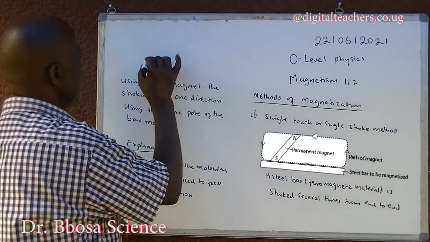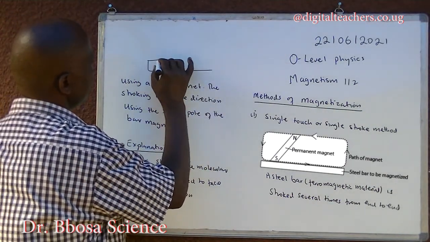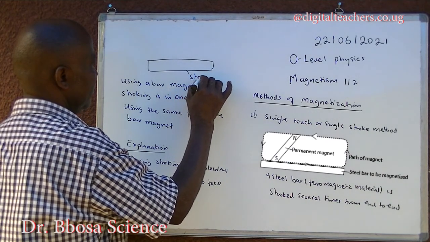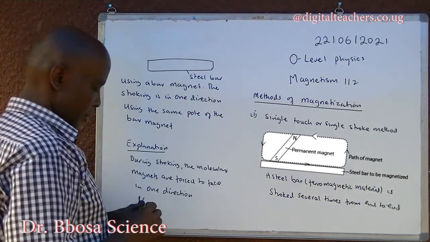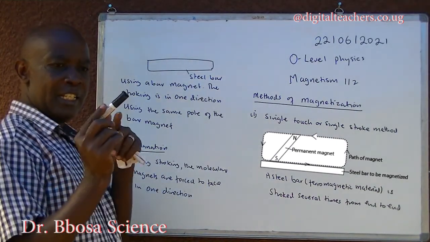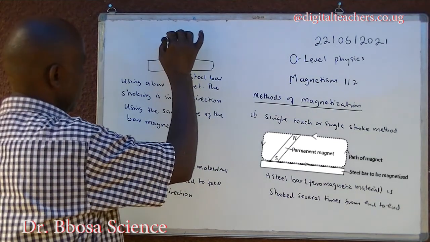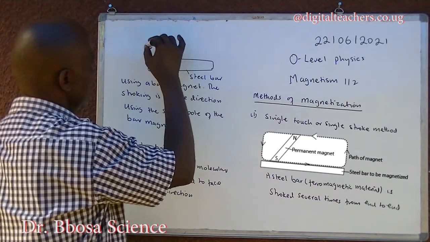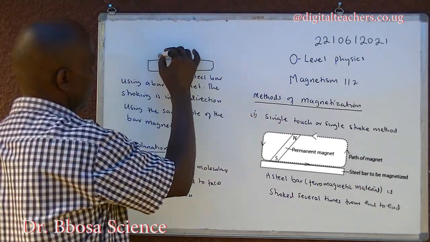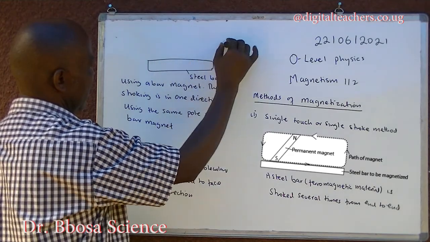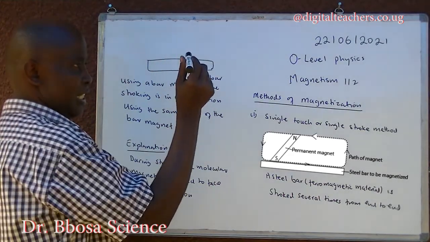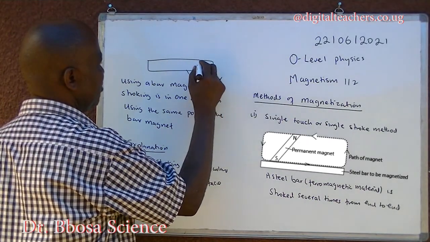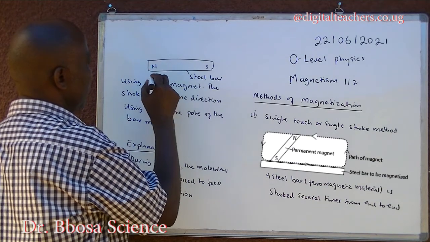We are saying that if this is the steel bar and this is the magnet and this is the north pole, and we are passing the magnet over the steel bar in a single stroke, moving in this direction, this one becomes the south pole, this becomes the north pole.